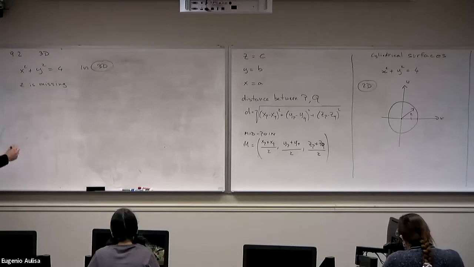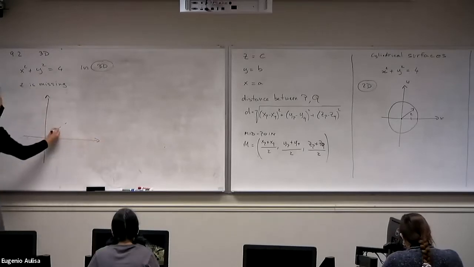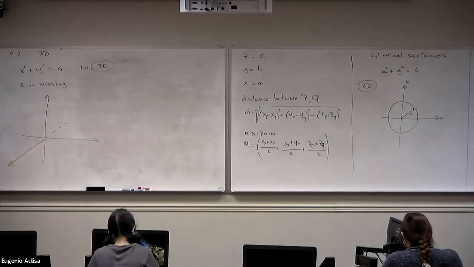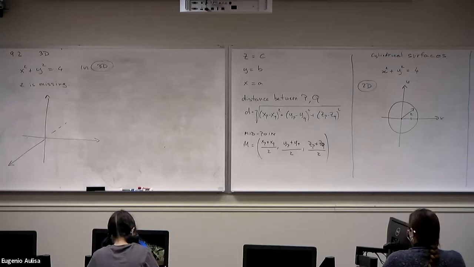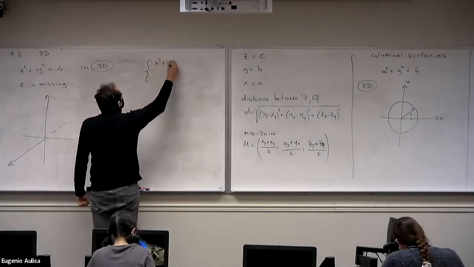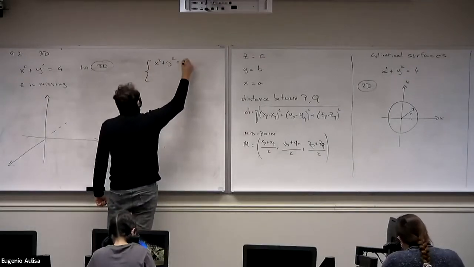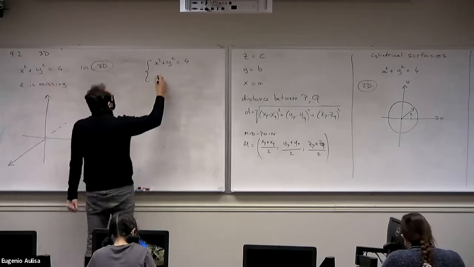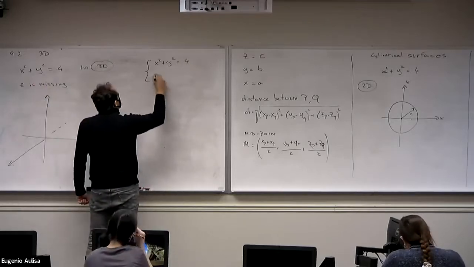So how do we visualize this equation? We start with the z equal to 0 plane. I'm saying, let's do a system of equations between our constraint equation and z equal to 0.